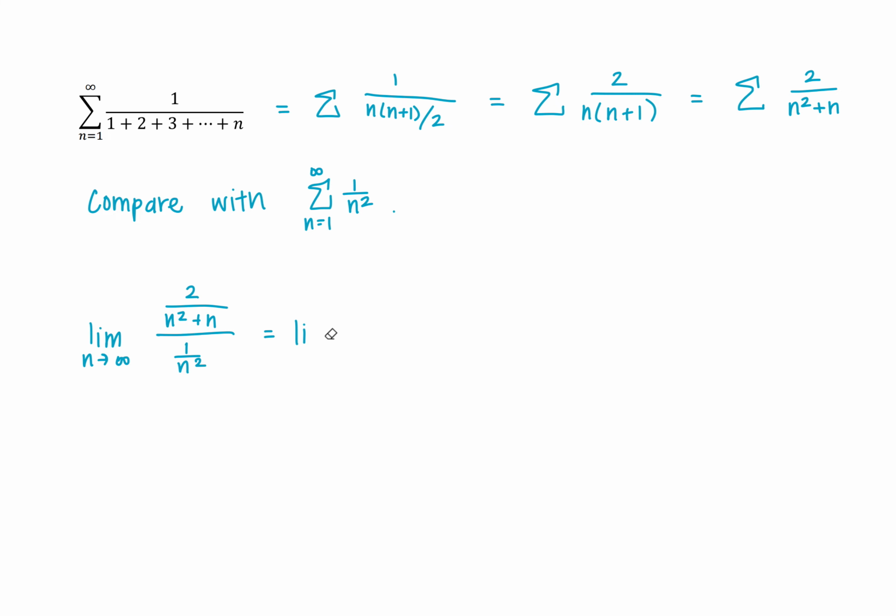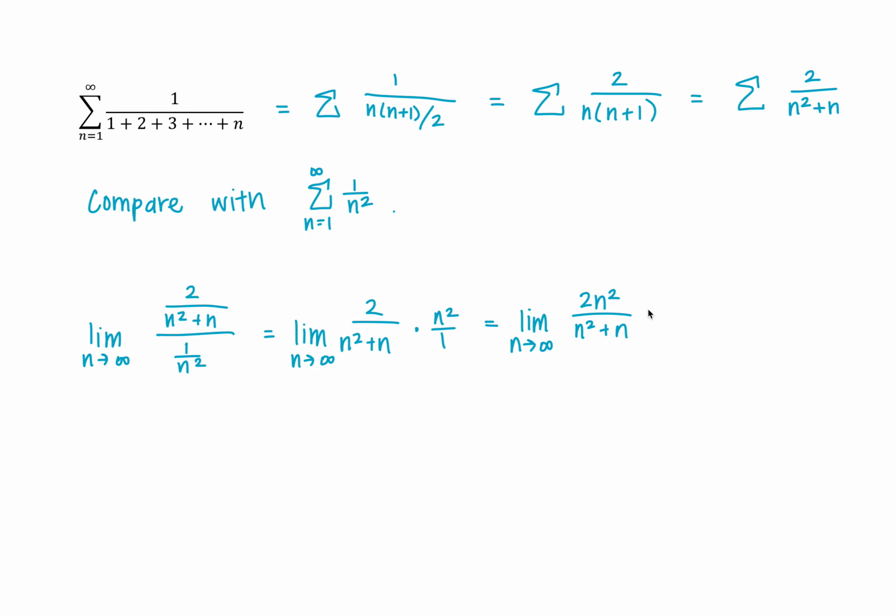This is the limit as n approaches infinity of 2 over (n squared plus n) times n squared over 1. So we have the limit as n approaches infinity of 2n squared over (n squared plus n).